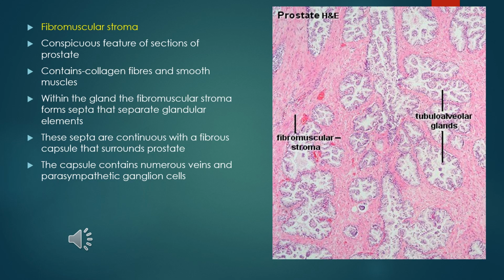Within the gland, this fibromuscular stroma forms septa which separate the glandular elements. These septa are continuous with the fibrous capsule which surrounds the prostate. The capsule contains numerous veins and also some parasympathetic ganglion cells. So the prostate is also covered by a capsule.